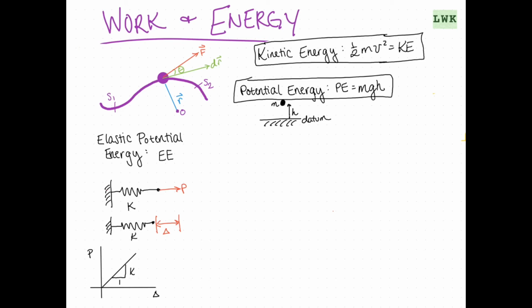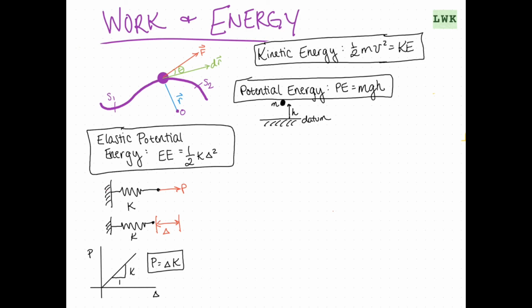So again, this just shows that our force and elongation are proportional, and that would allow you to even write that P, our force, equals the spring constant times our displacement. So we're going to write elastic energy as 1/2 K delta squared. So now we have an equation for each one of these energies.